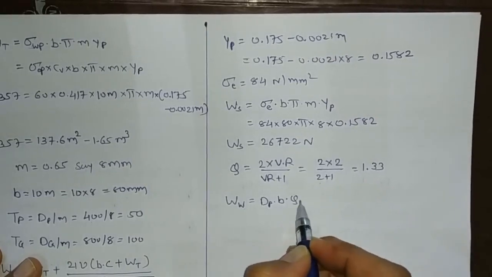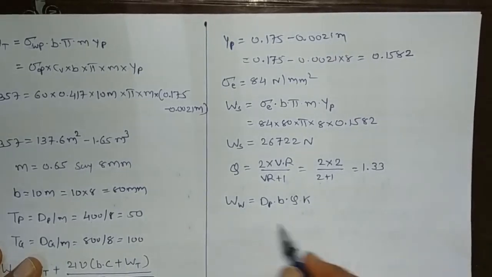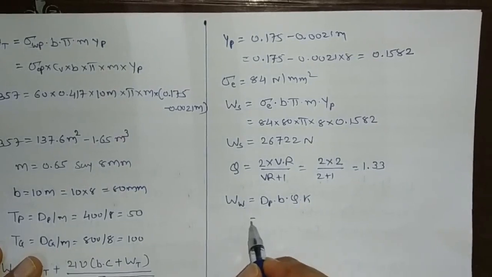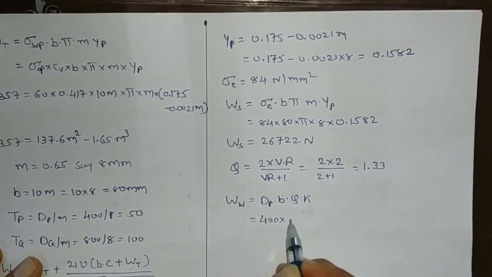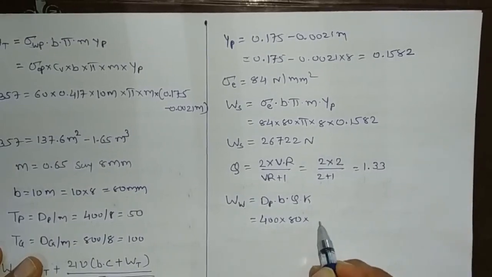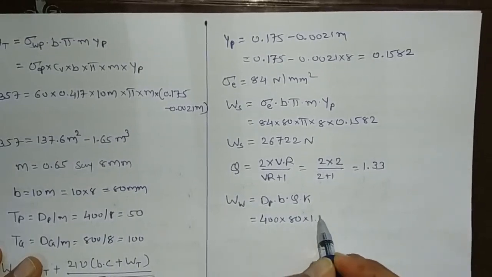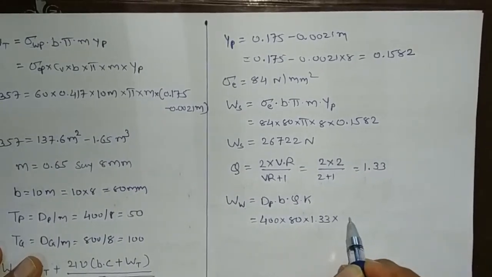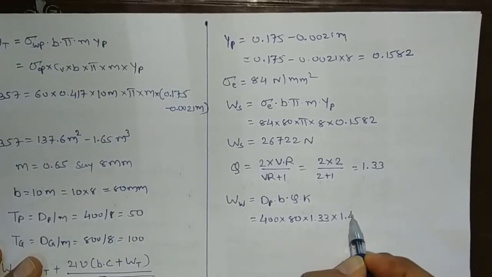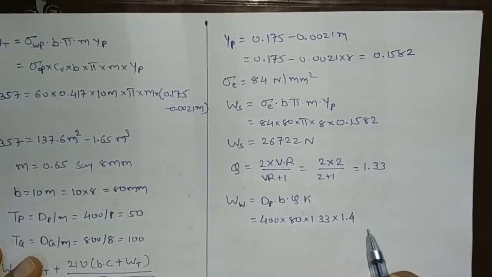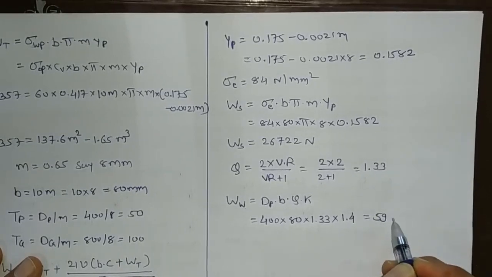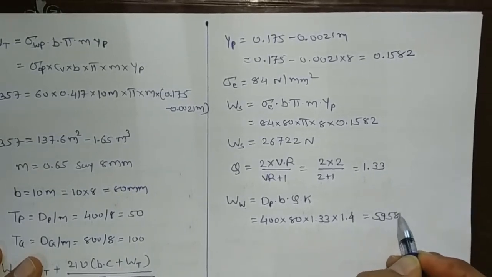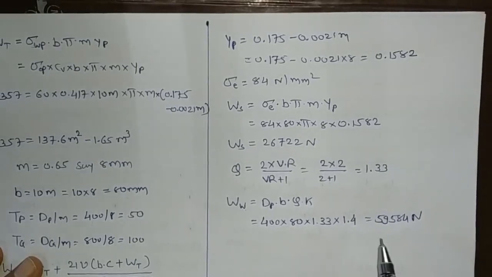The maximum or limiting load for wear is WW, equal to dP into B into Q into K. Now put the values in this equation: dP is 400, B is equal to 80, Q is equal to 1.33, and K is already given in the data, 1.4. Therefore the wear load is equal to 59,584 Newton.